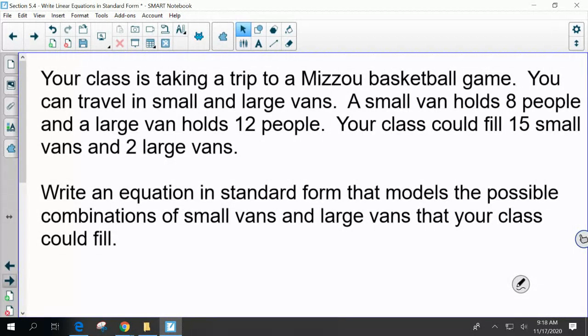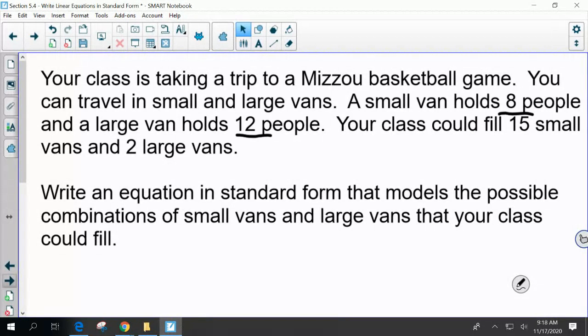So, what would be the first piece of information that you need to figure out? How many people would be in each van? Okay, so we have a large van is 12 and a small van is 8. What else do we need to figure out?